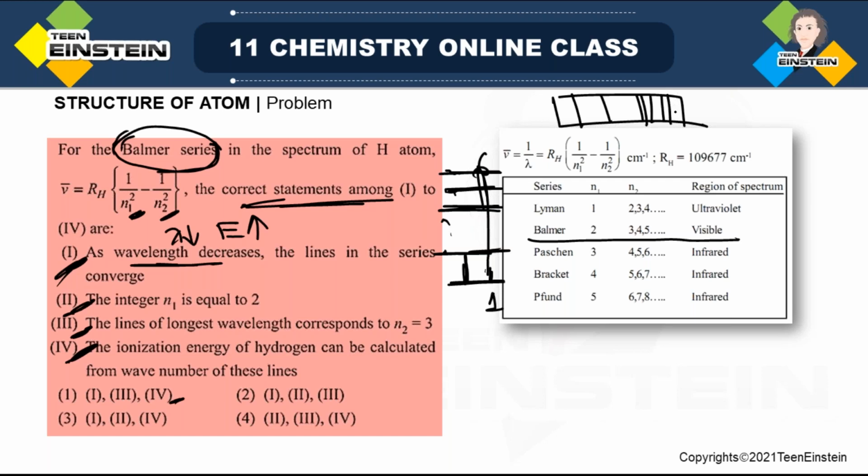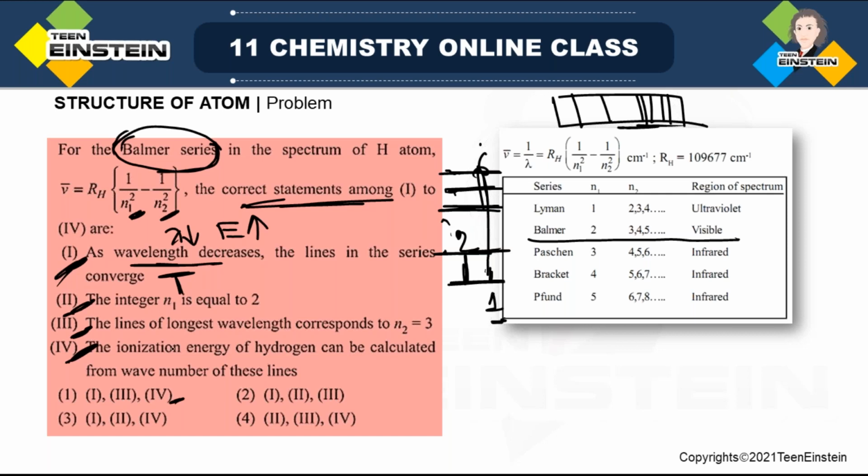Here the energy gap is low, because as wavelength decreases you are going towards high energy transitions. Suppose 2 to 1 has one energy, then 3 to 1 some higher energy, then 4 to 1 some higher energy. That means gradually the wavelength is decreasing. So the emission spectrum will look like this. So this statement is true because the lines are coming close to each other.